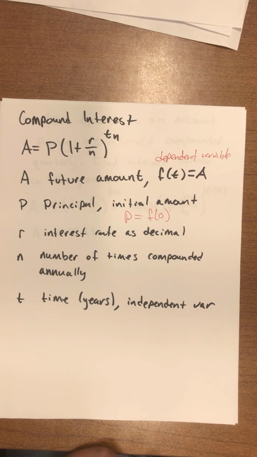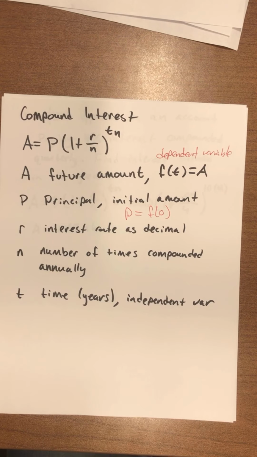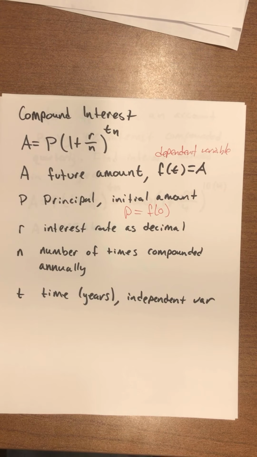Interest rate is given as a decimal between 0 and 1. I guess unless you have an interest rate beyond 100%, but still write it as a decimal. And n is the number of times compounded annually. And then the independent variable is time.